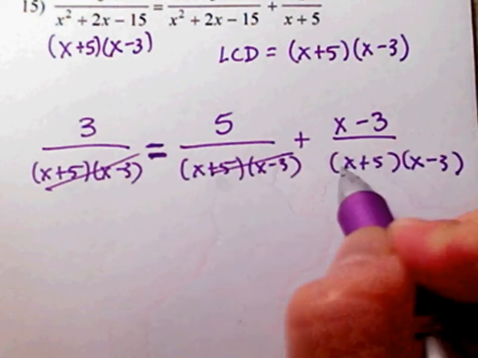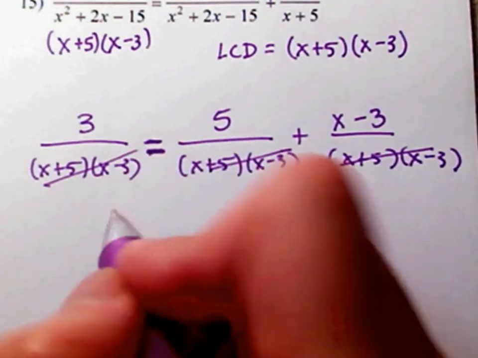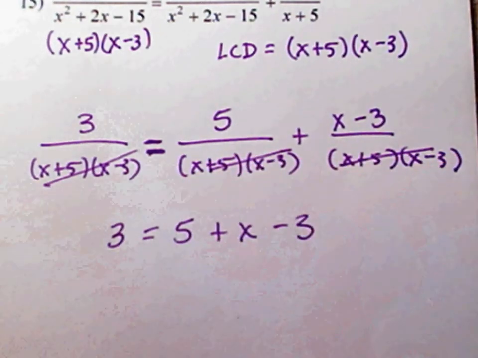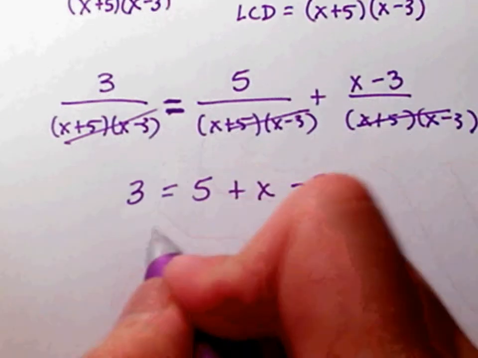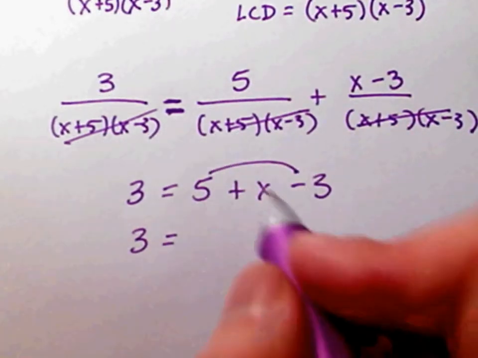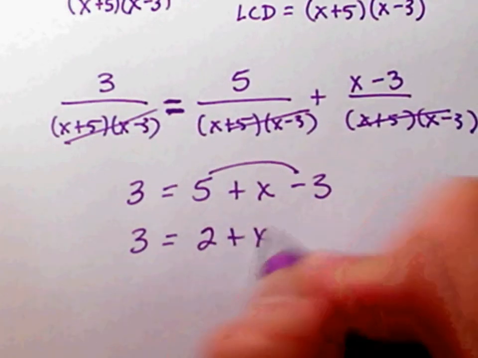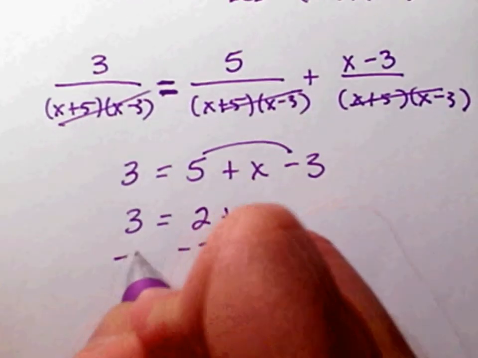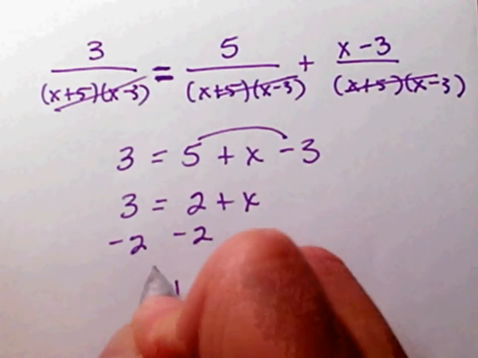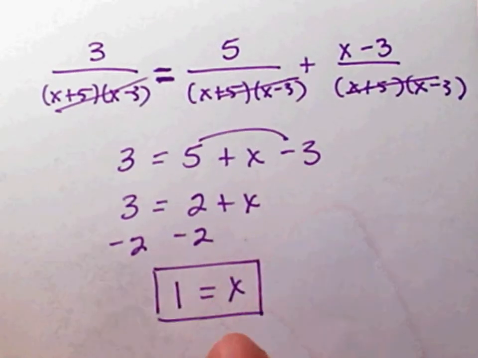Cancel your denominator, so you have 3 equals 5 plus x minus 3. This looks very simple to solve. Combine your like terms. On the same side, do not change the sign. 2 plus x, subtract 2, okay? X is equal to 1. You have one answer. No need to check for extraneous.